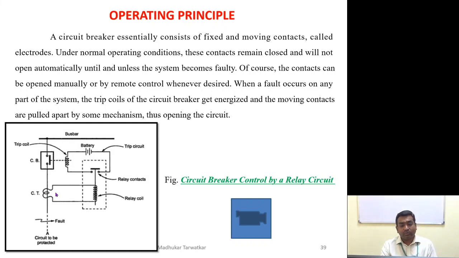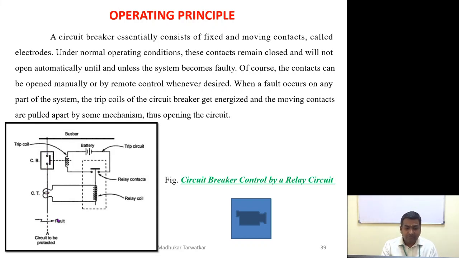Say during the normal course of operation, this CT primary is carrying full load current and thus the CT secondary current is normal. Hence the corresponding contacts are open. Thus the battery supply is not reaching the trip coil of the circuit breaker. Hence this trip coil is unenergized, and the circuit breaker contacts remain in a closed position.